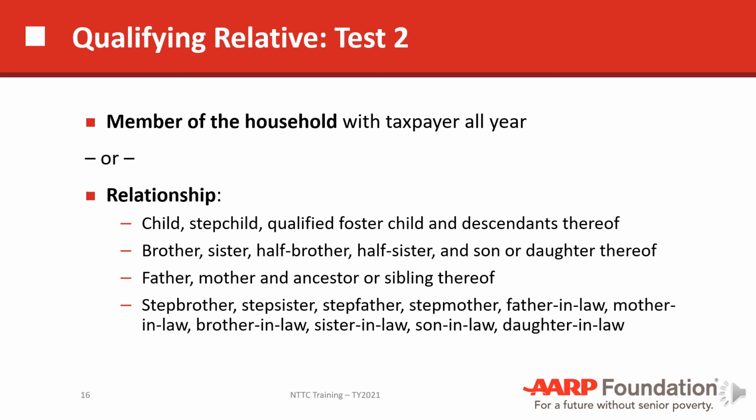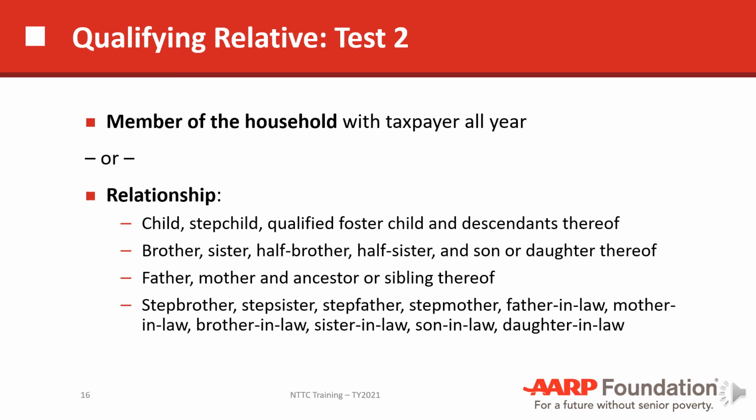Test number 2 for qualifying relative. Was this individual a member of the household with the taxpayer all year, or perhaps the relationship can be looked at? Was it a child, stepchild, qualified foster child, or a descendant of any of those? Was it a brother, sister, half-brother, half-sister, son, or daughter of the taxpayer?